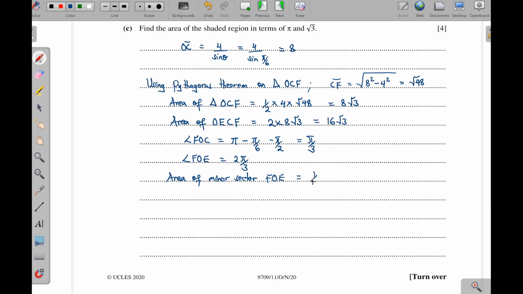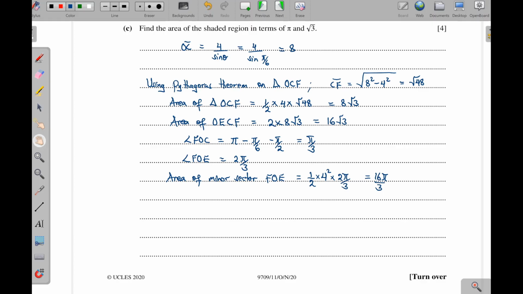That one is going to be, remember, a half r squared theta. So the radius is r, of course, but that r is a 4, so 4 squared. And then the theta is this one here, 2 pi over 3. Then this one simplifies to, this one will go. Then we have 16 over 3 of pi.